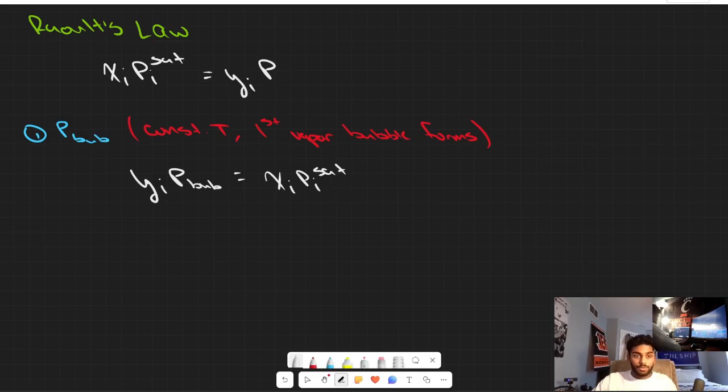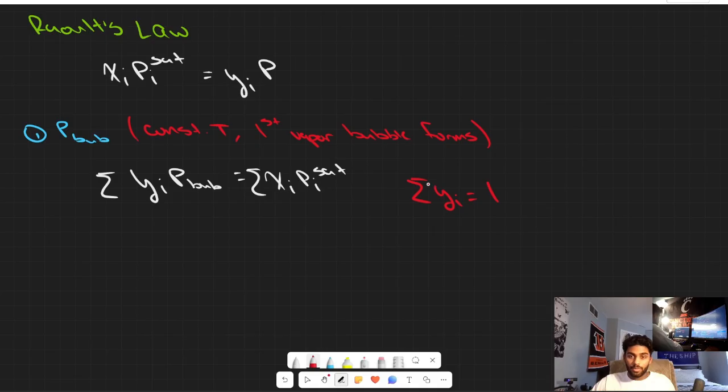And what we'll do to derive this is we'll take the summation of both sides. And what ends up happening is that we know that if we were to sum up all the mole fractions in the vapor phase, well, simply that becomes 1.